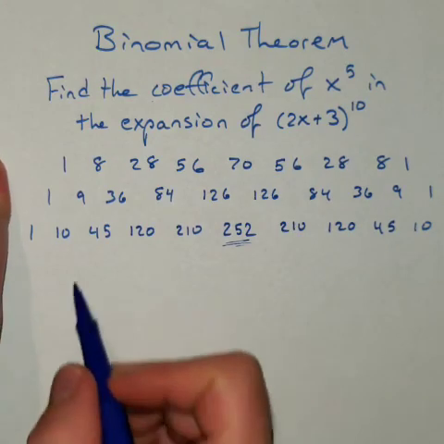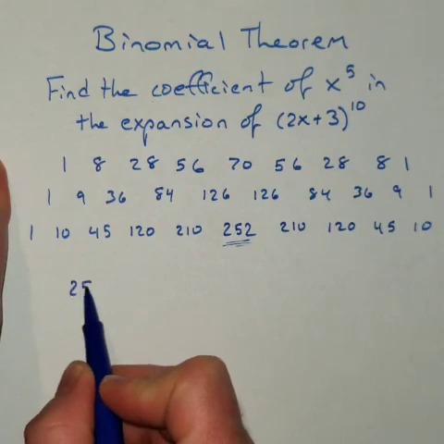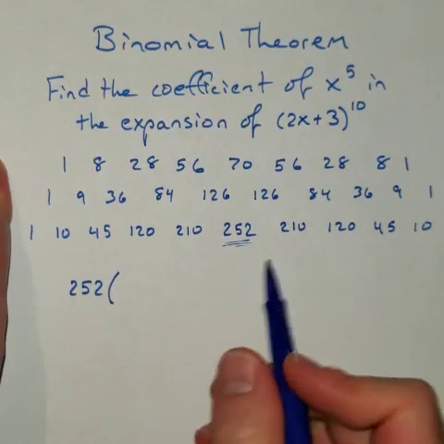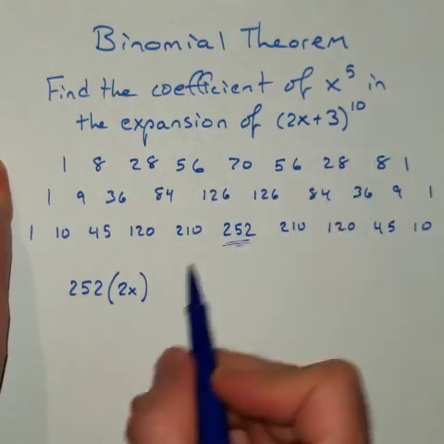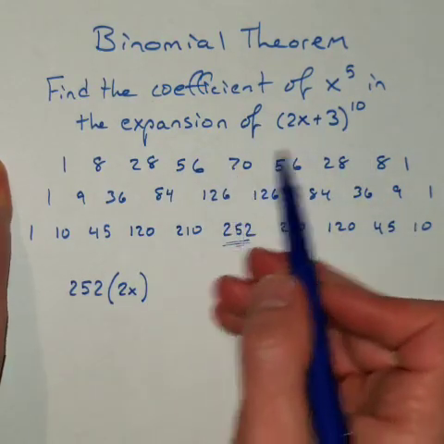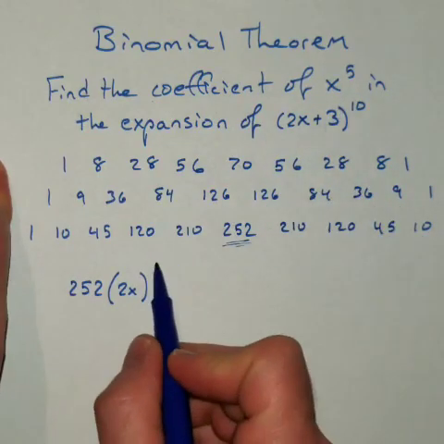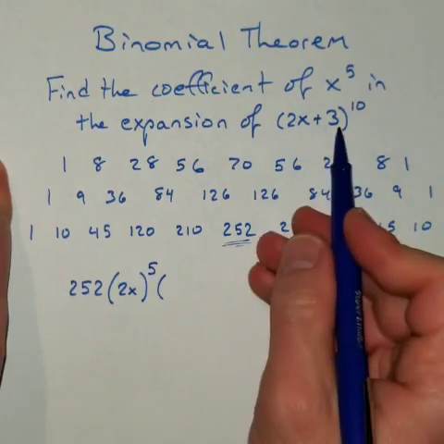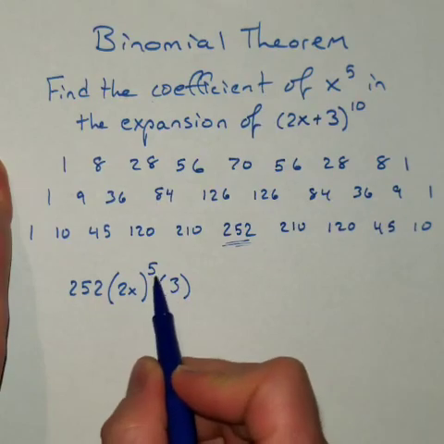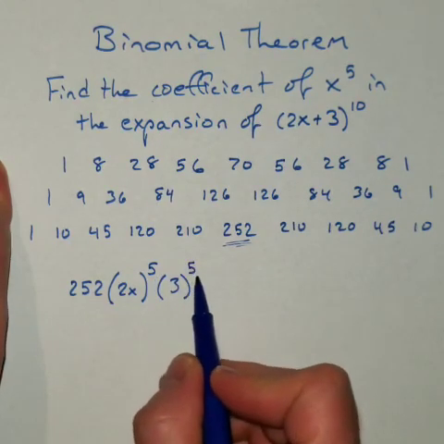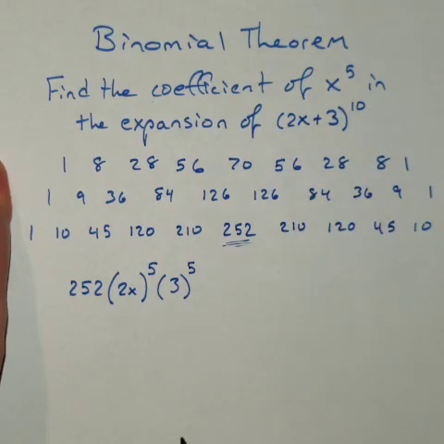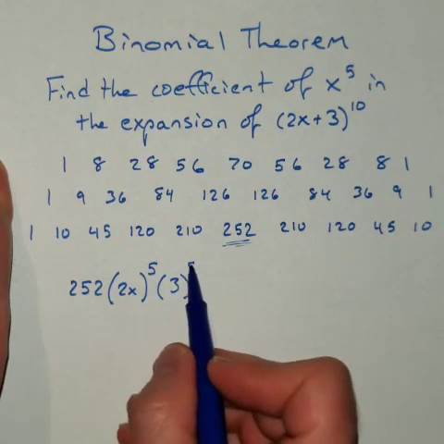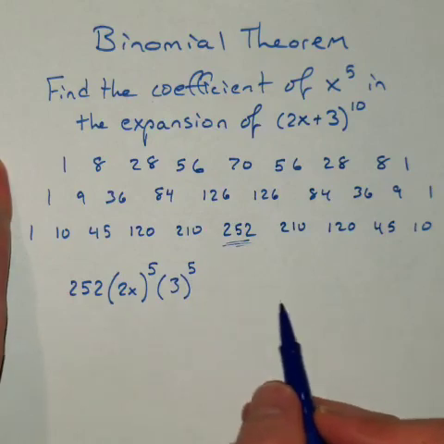And then it's going to be 252 multiplied by the first term raised to the 5th, times the second term raised also to the 5th. And the reason I know it's the 5th is because these two numbers have to add up to 10. Okay? So if I had put a 6 here, this would have to be a 4 and so forth. They have to add up to 10.